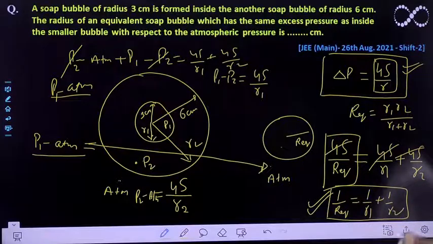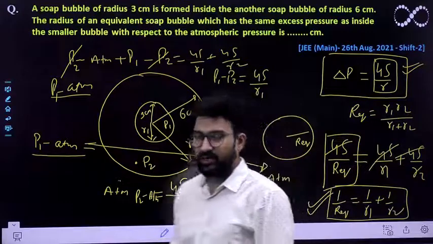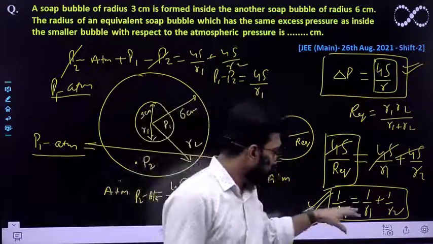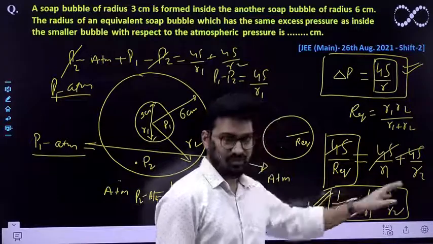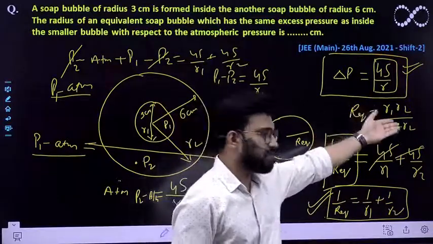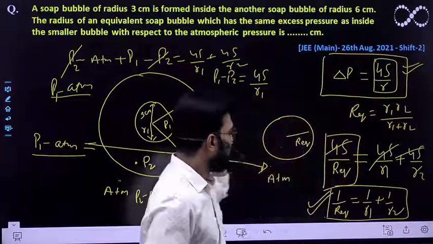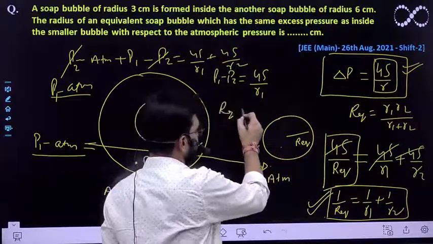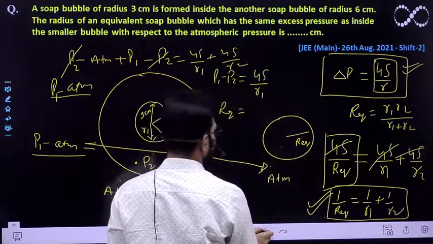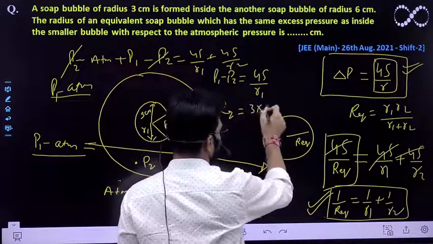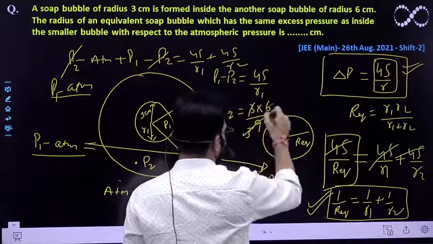This is just equivalent to the parallel combination of resistances, in which we calculate the equivalent resistance by this relation. Here R1 is 3 and R2 is 6, so the equivalent radius must be equal to 3 into 6 divided by 3 plus 6, which is 9. So 3 times 6 is 18, and 18 divided by 9 is 2.